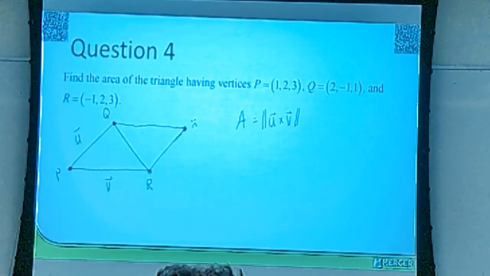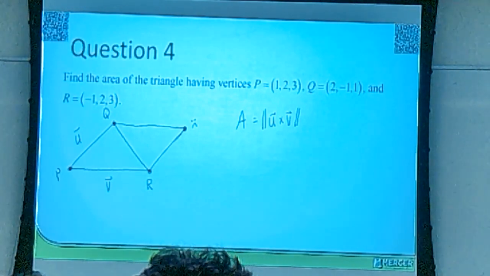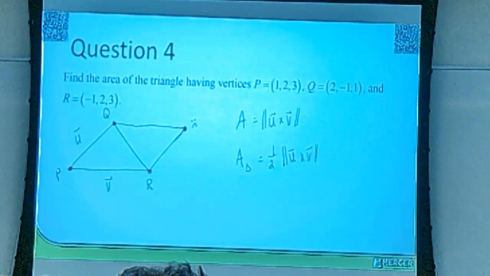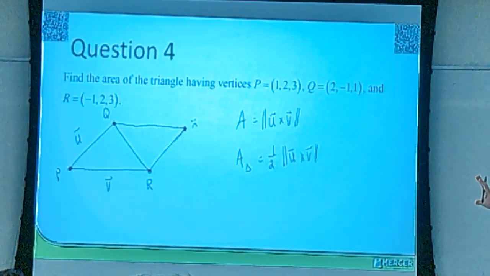Is triangle PQR half the area of the parallelogram formed by PQ and PR? That's how we can do it. That's why I'm only working in 2 dimensions right now, because the idea is exactly the same if the points are 3-dimensional, because it's still a 2-dimensional object.